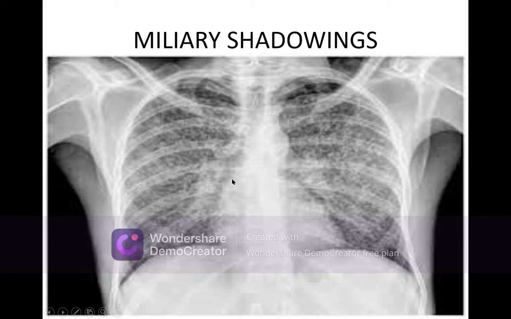A stage 4 radiological picture of sarcoidosis. Parasitic invasion, can anything cause this? Yes, it is possible. With a reaction to Ascaris lumbricoides, what is known as Loeffler syndrome, can cause these types of opacities. A long list can be made with the miliary shadowings.